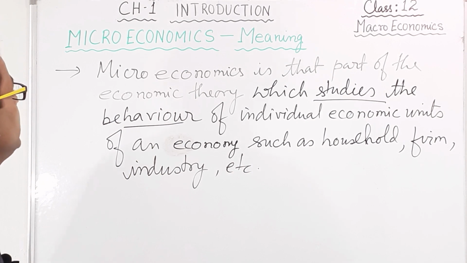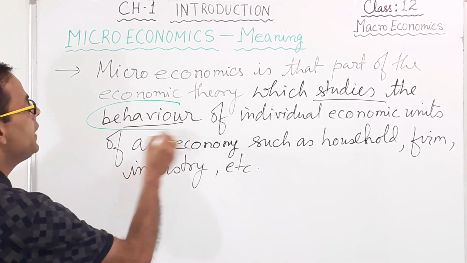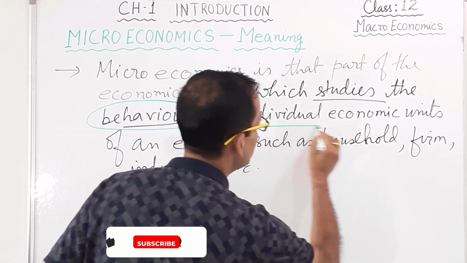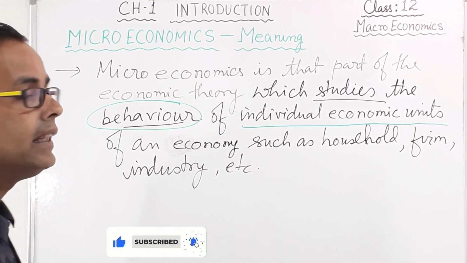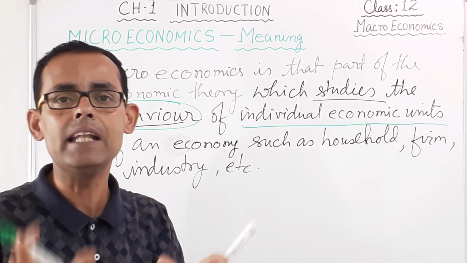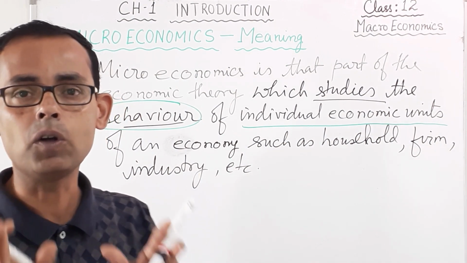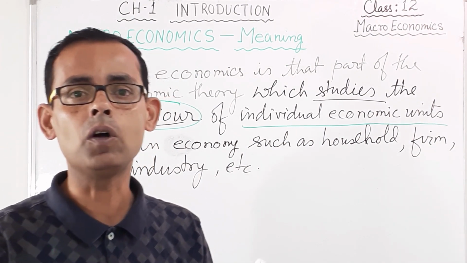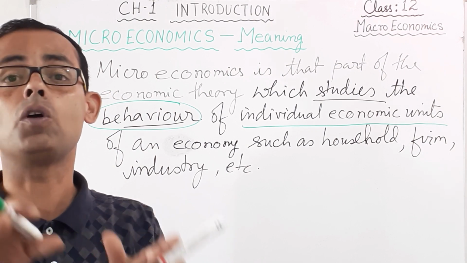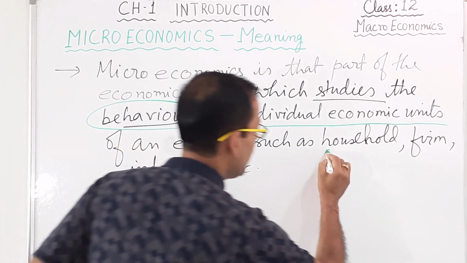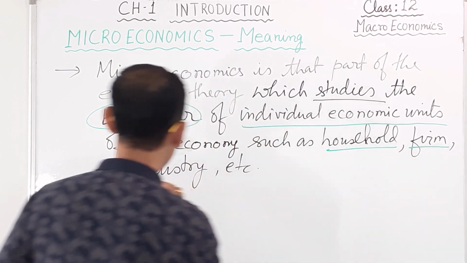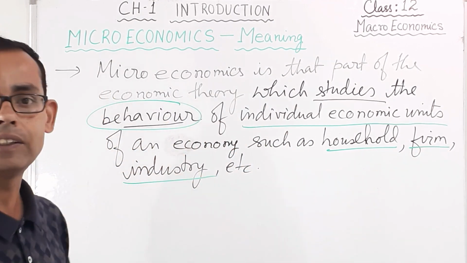Understanding or no? It is studying the behavior of individual economic units. That means its main element is the economic constituent element: one is household, one is firm, and one is industry.